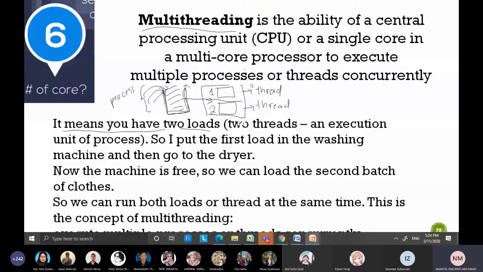Okay, maybe I explain until finish, and then you can see whether you understand or not. So I put the first load in the washing machine and then go to the dryer. So I put this thread into my washing machine, and after finish, I go to the dryer.